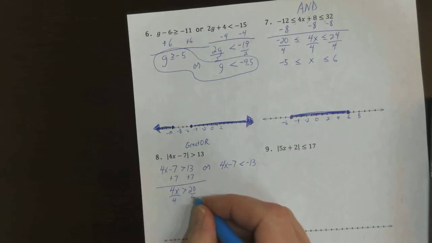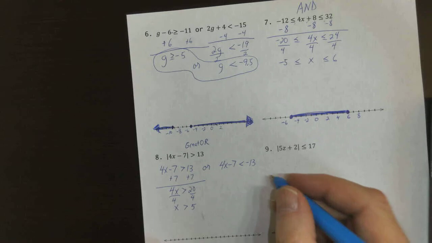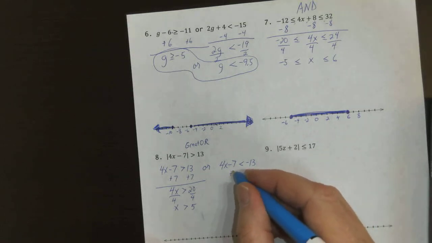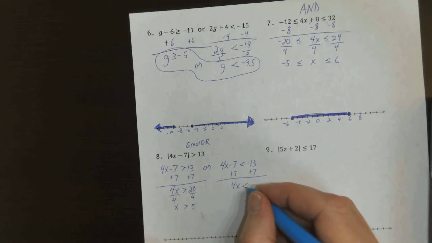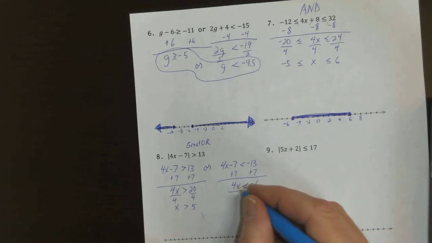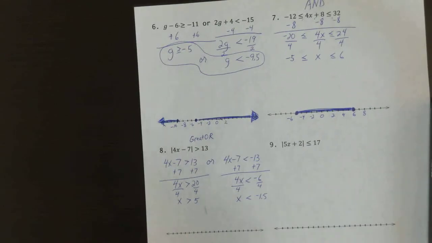I'll divide by 4 and I'll have x is greater than 5. I'm going to add 7 here and here. I got 4x is less than negative 6. And I'll divide by 4. And x is less than negative 1.5.